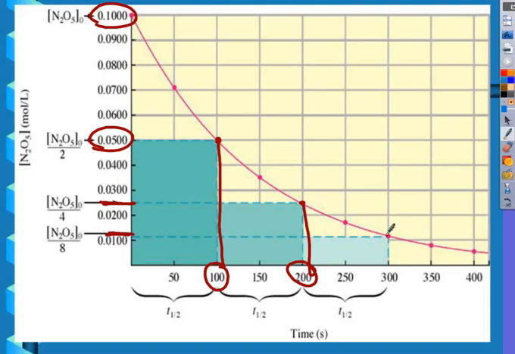Notice it keeps going down by 1/2 every 100 seconds. So the half-life, or t 1/2, is 100 seconds. This is a first-order graph because half-life is constant. Every 100 seconds, the amount goes down by 1/2, which proves it's first order.